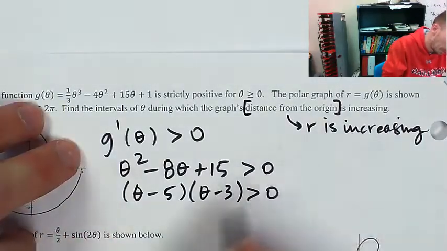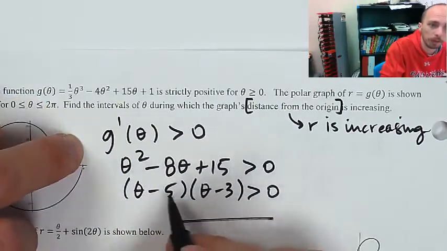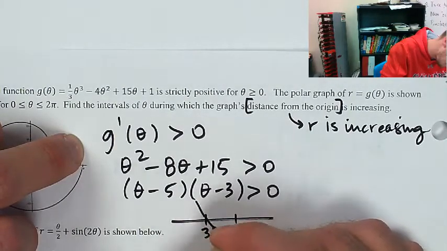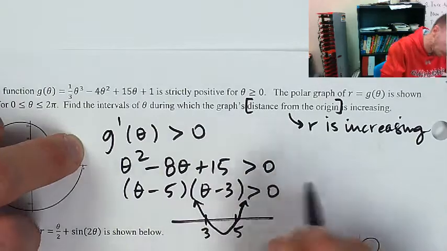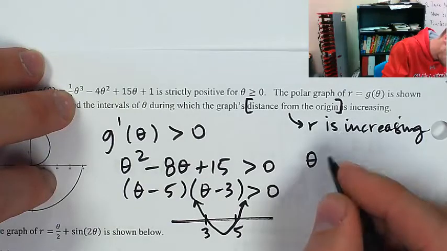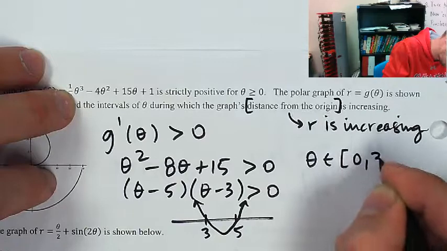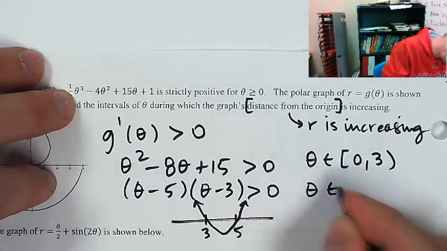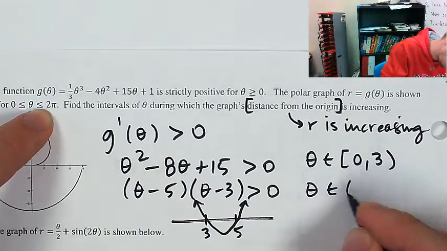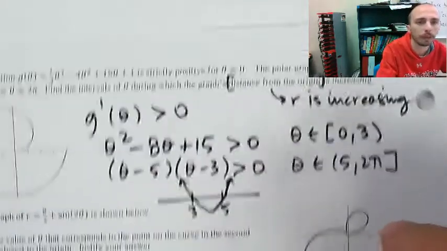Okay? And so that is just to draw the graph of g prime of theta. That's an upward facing parabola with zeros at 3 and 5. Right, we know how to draw that. Looks like this. And so it's positive before 3 and after 5. So I would say theta is between 0 and 3, and theta is bigger than 5. Oh, it's 0 to 2 pi. Okay, so I'll just say 5 to 2 pi is when its distance from the origin is increasing.